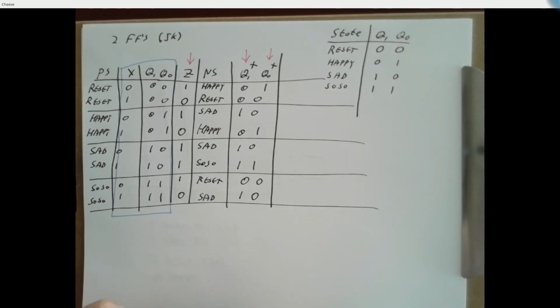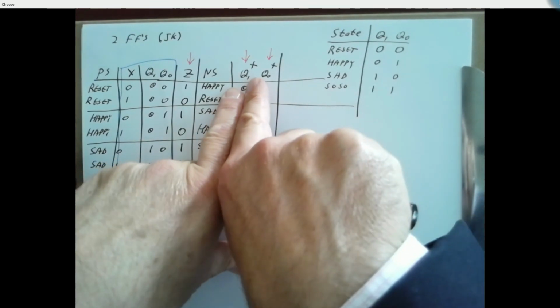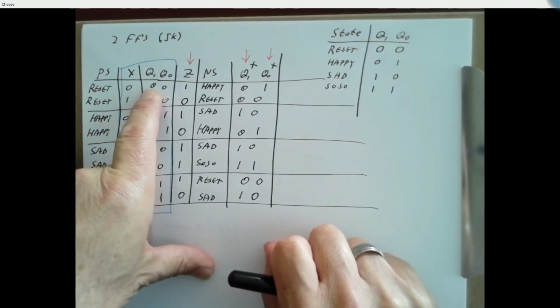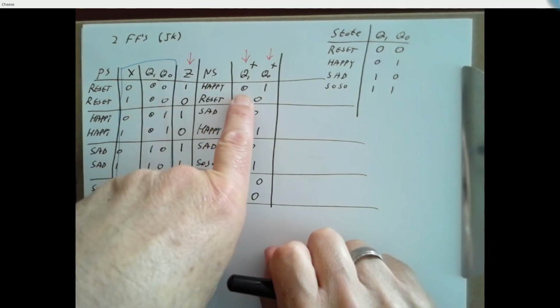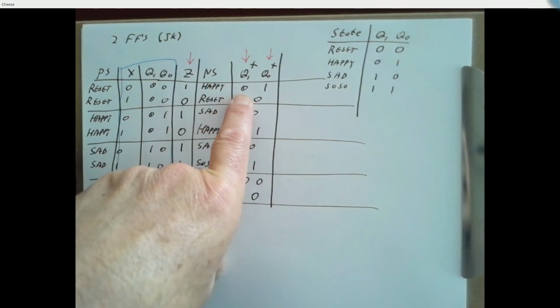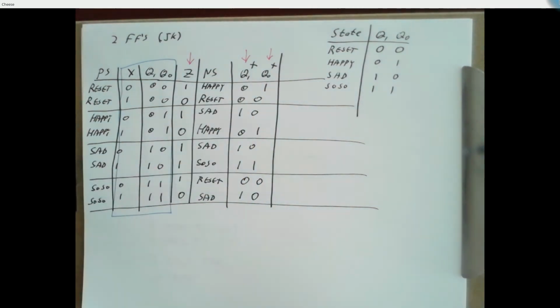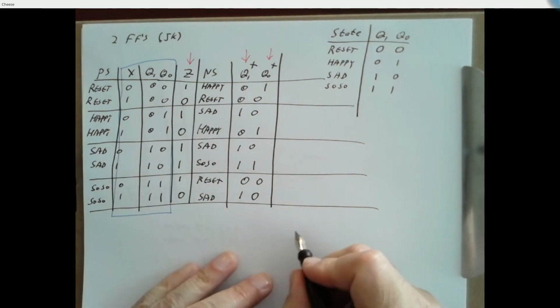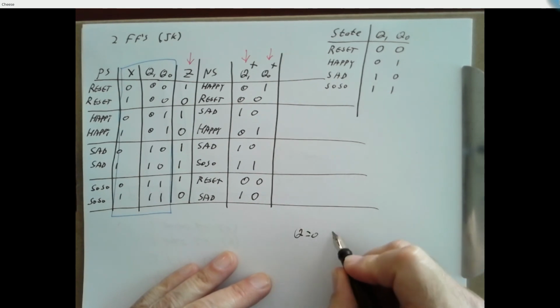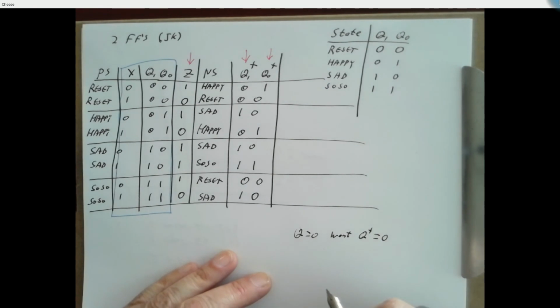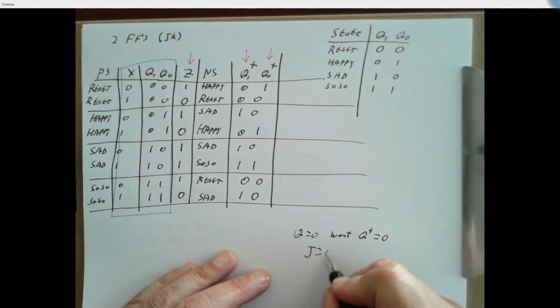So if we have a JK flip-flop, I'm looking at Q1 right now, and it's currently outputting a 0, and we want it to output a 0 after the clock tick. What do we set J and K to? So Q is 0, we want the next value of Q to be 0.